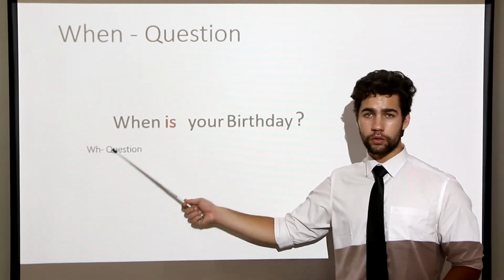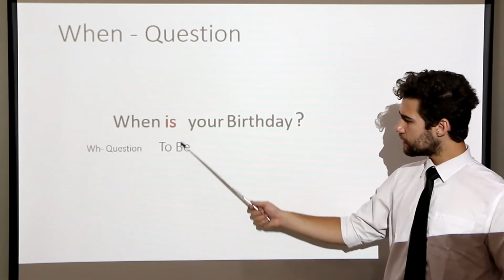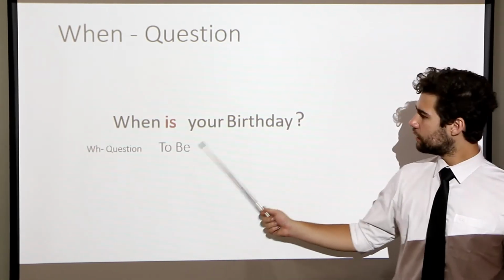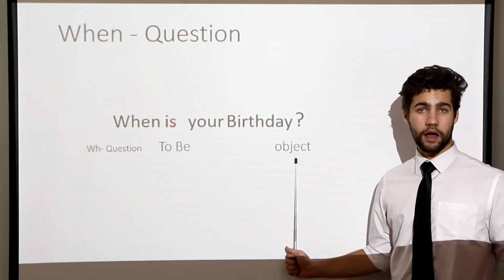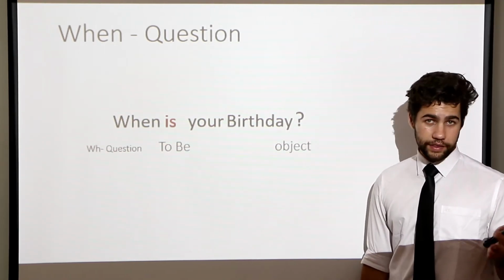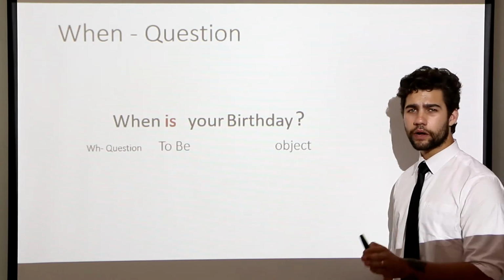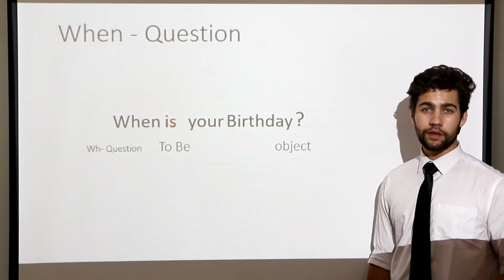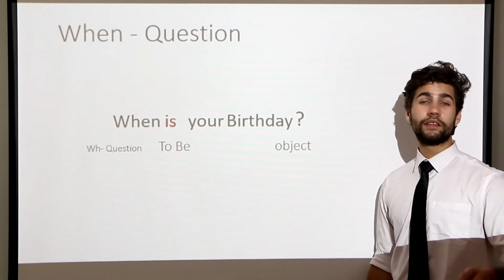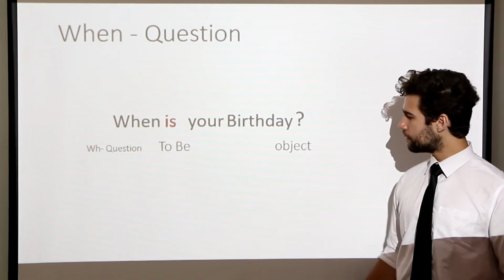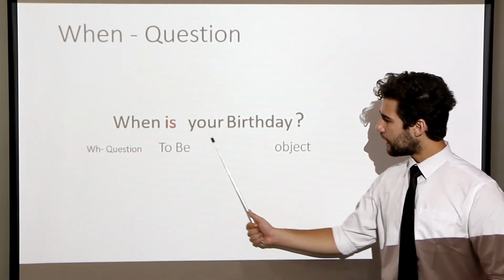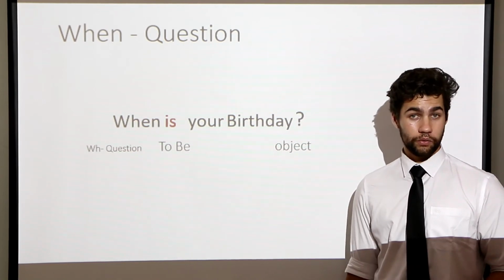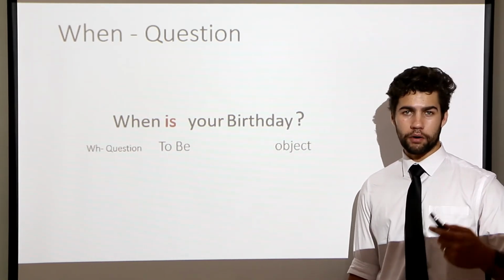When, WH question, is, verb to be, your birthday, object. Exactly the same structure. Now, our answer is also the same structure. We start with our object. So we say, my birthday.